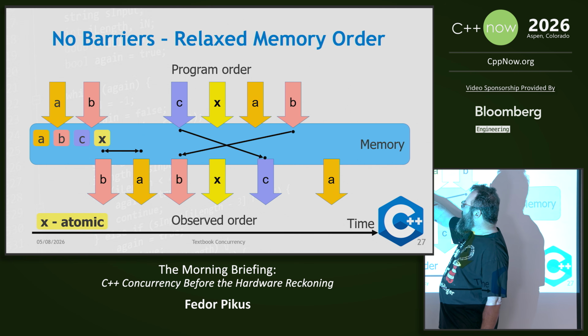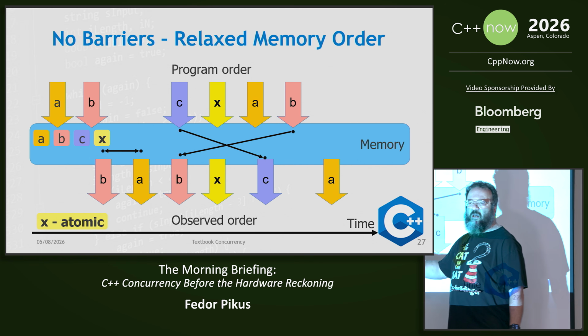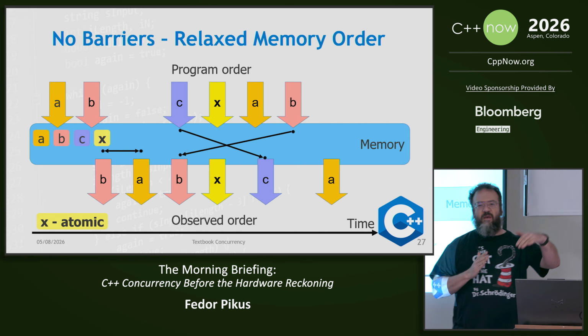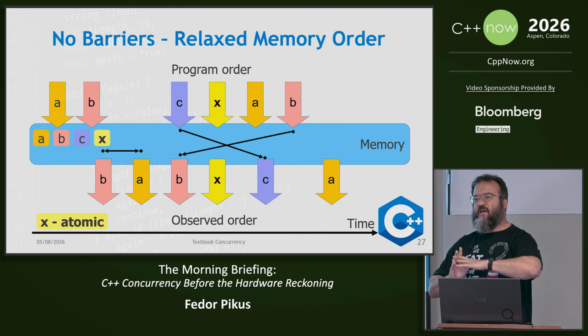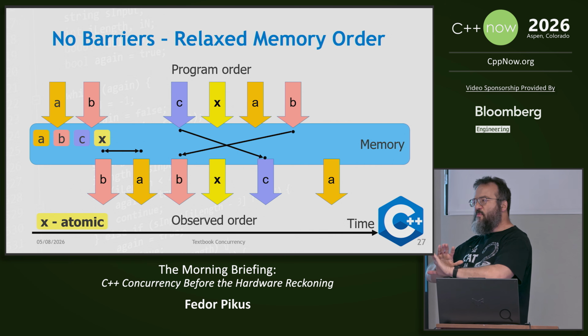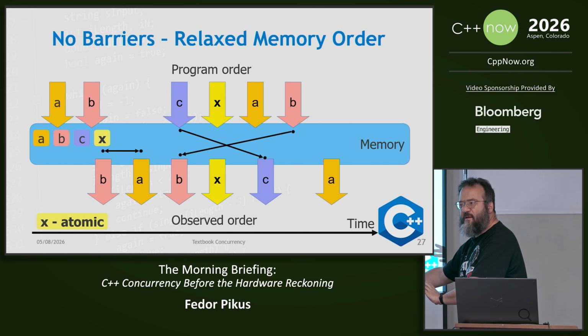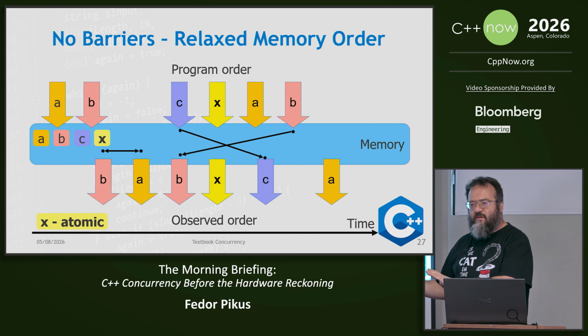Like at time equals 0, I wrote x. When I observe this change, I call time equals 0 on this other thread. So now I have that one point where I agree about one event that is simultaneous. Everything else I'm going to build from that point backwards in time and forwards in time. Again, this is not how the standard talks about it, but I find this language easier.